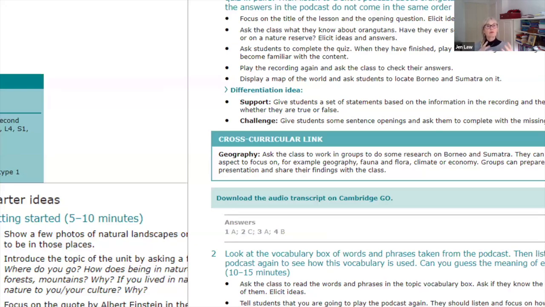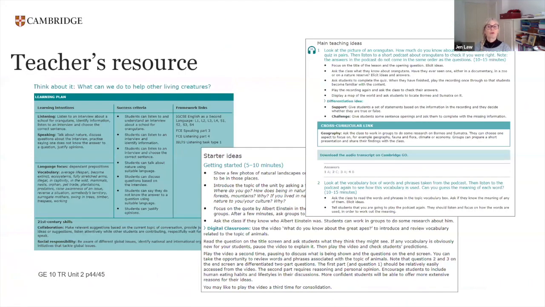And as the title of this session, I think, pointed out, this series is really taking into account that students at the later end of their learning, particularly if they're in an English medium learning environment, maybe where they're learning other subjects in English, then we're trying to embed lots of things that relate to those other topic areas too. So it's a really rich teacher resource that gives you lots of information about how you can set up you and your learners for success.